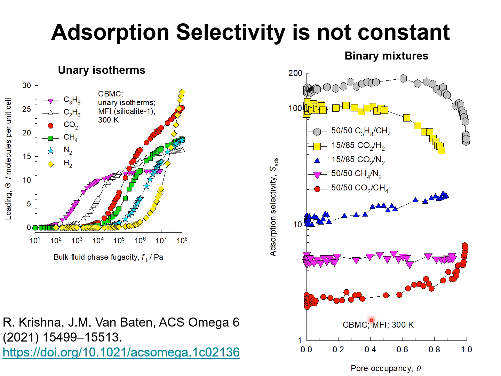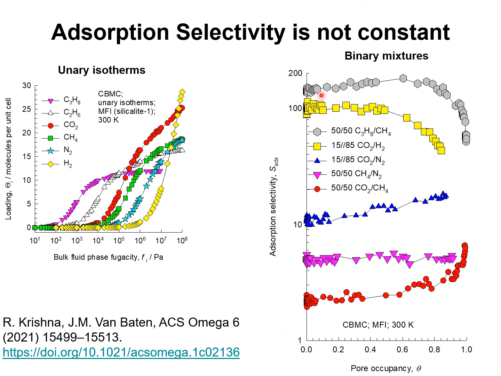In all cases, except this one, the adsorption selectivity is found to either decrease or increase with pore occupancy. This is the total occupancy of components 1 and 2 within the MFI framework.